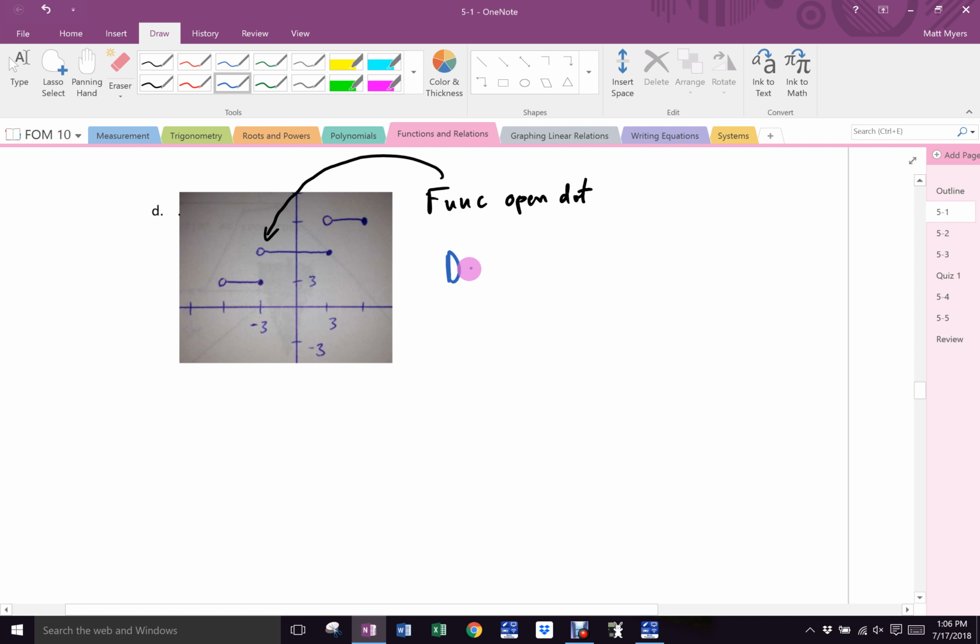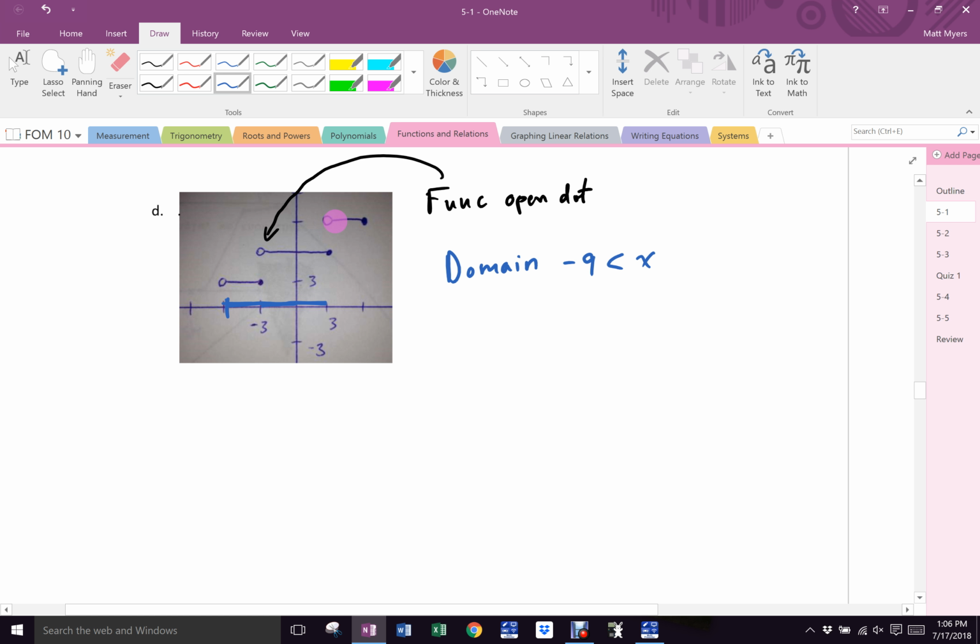So what's my domain? What's my lowest x value? -9? Absolutely right. Do I hit -9? Why do you know I missed -9? Open dot. So -9, what am I counting? X's. So let's start along the road. What happens right here? Does it start again right away? So I keep going. Then I get to here.